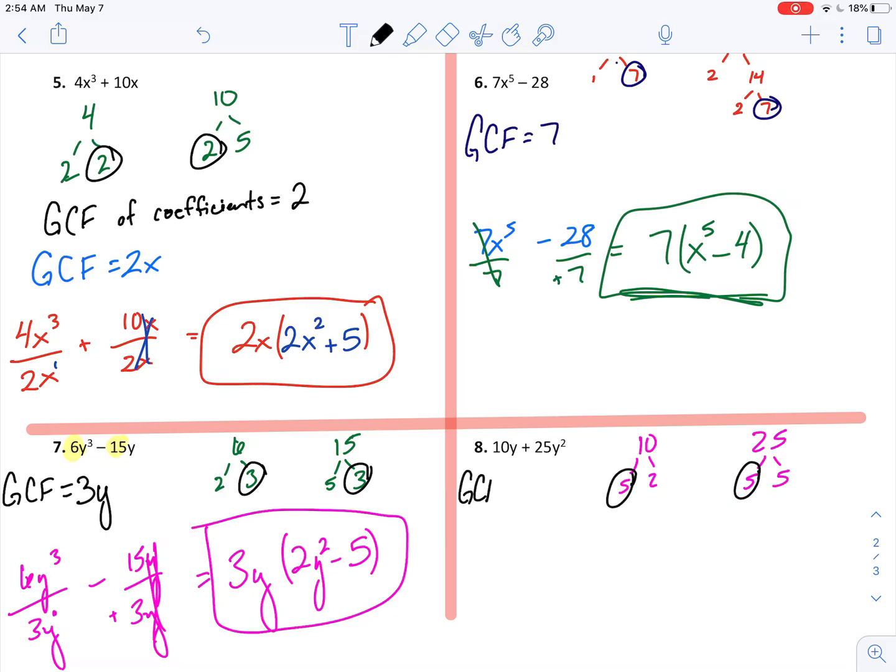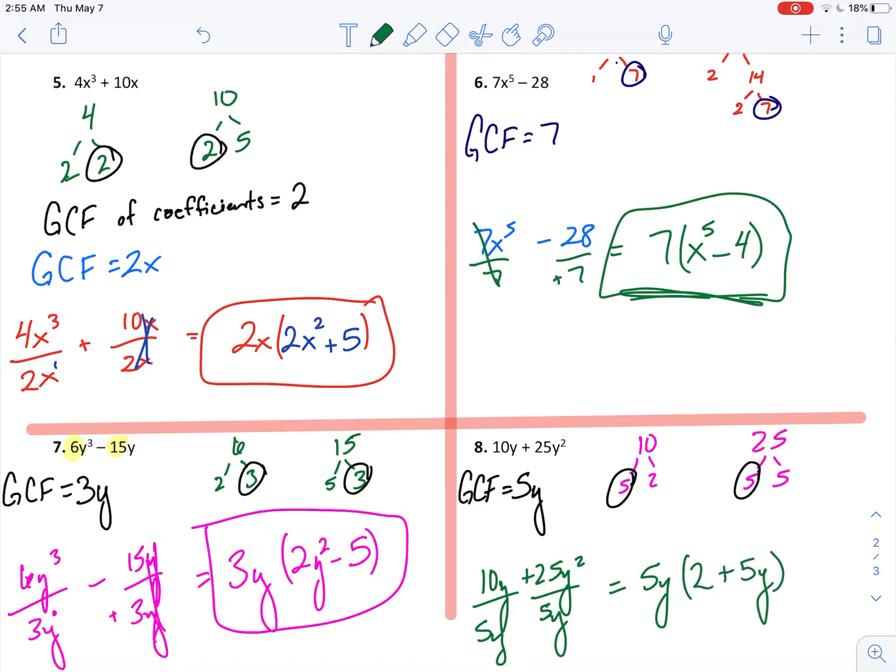So my GCF is going to be a 5. Start with a 5. And now we'll look for the variables. I have y to the first and y to the second. So the smaller of those two is just y to the first. And now we can divide out. So 10y plus 25y squared. If I divide these both by 5y, then I get 5y outside and 2 plus 5y.